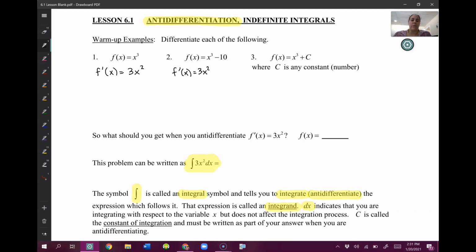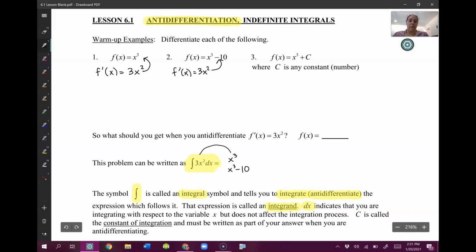Now, right here, you should notice a problem, because remember, anti-differentiating or integrating is going backwards. So if I look at this problem, and I wanted to take the integral of 3x squared, working backwards from 3x squared, would the answer be x cubed or x cubed minus 10?